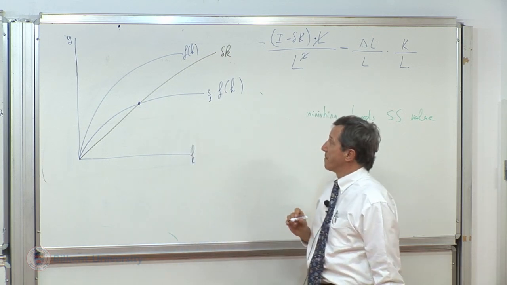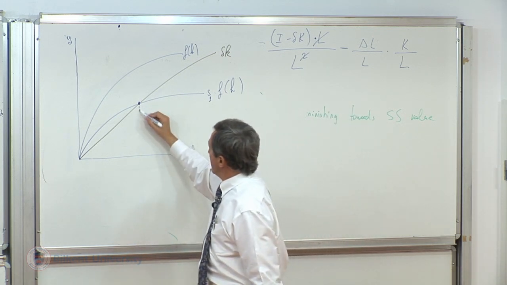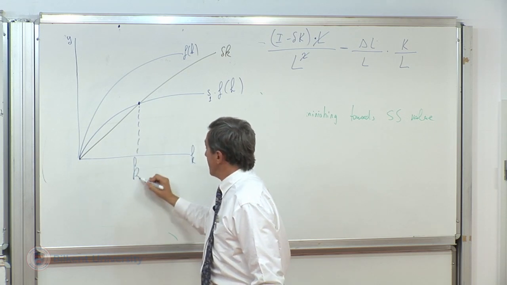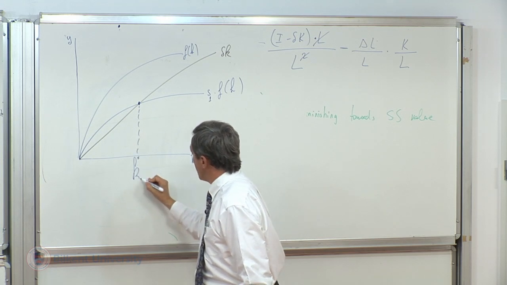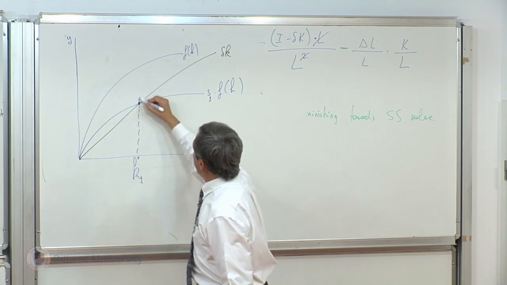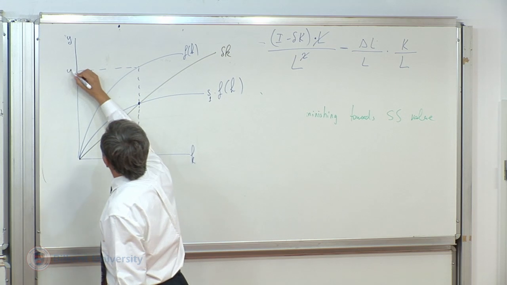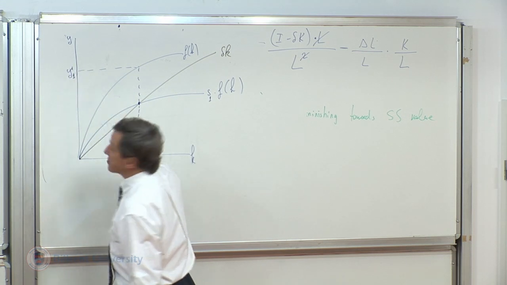This is where I will be at steady state. Let's call this steady state 1, and let's call this output 1. This is the long run equilibrium.